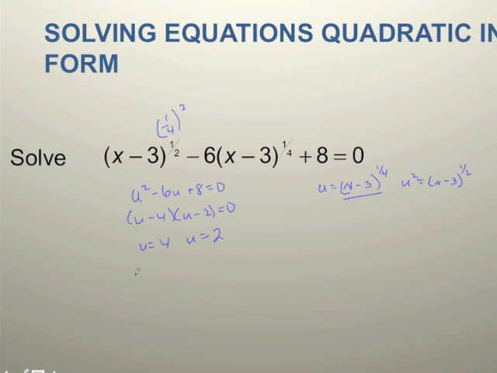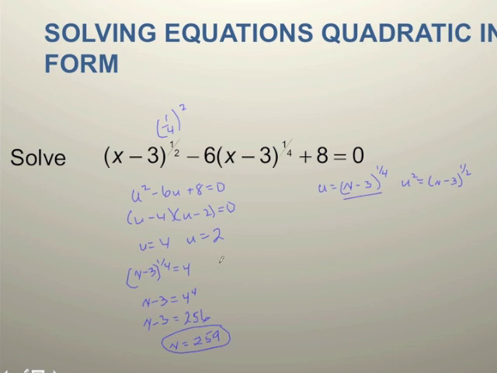So I have (x minus 3) to the 1/4 equals 4. Oh, how about if I take each of these to the 4th power? So I'll get x minus 3 equals 4 to the 4th. So x minus 3 equals 256, and x equals 259.